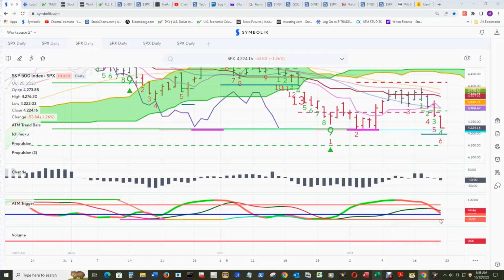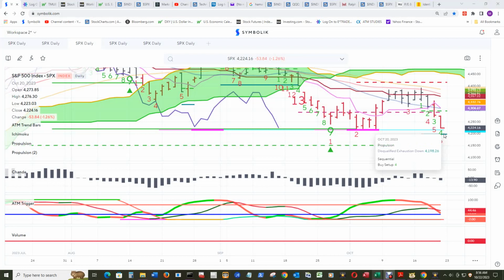I fully expect that to go under. And the slow trigger down has started to roll over and will probably meet the fast trigger down here below 25. So everything will be back in the basement. The pressure up -2, ATM fast trigger down, ATM slow trigger down, all in the basement again.